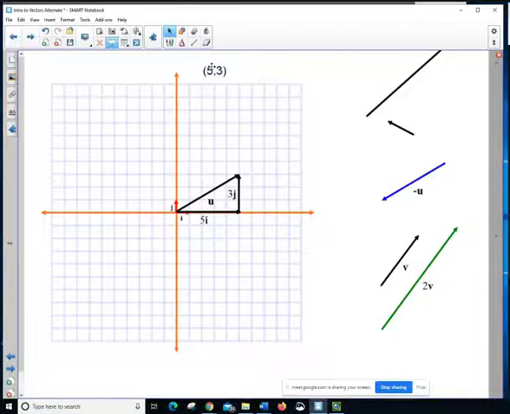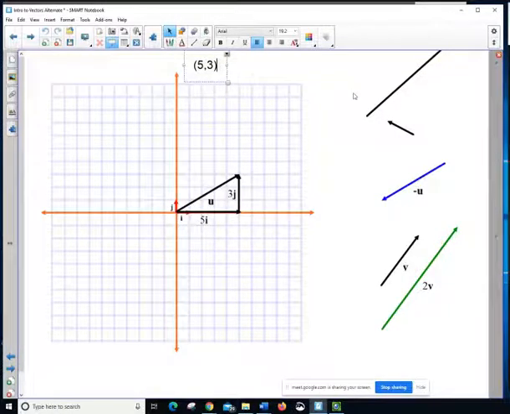Okay, so this vector here can be written, and it's completely equivalent, as 5 times i plus 3 times j. Now, I'm not going to do the hat here because it's not quite so easy, so I'm just going to bold it. What's the other way in which I might indicate this vector i or this vector j?